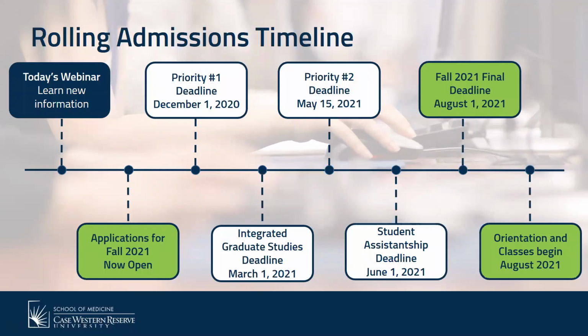We are still taking applications for this cycle. Our final deadline for you to hit submit on the application is August 1st. As long as you type in the names of your recommenders and their email addresses, you can hit submit on your application.